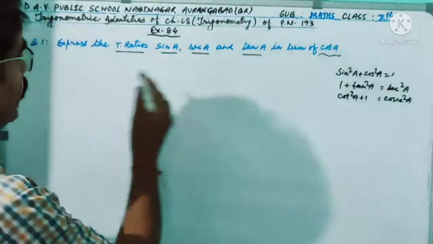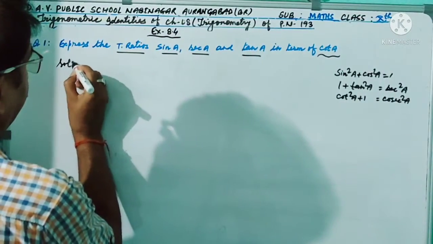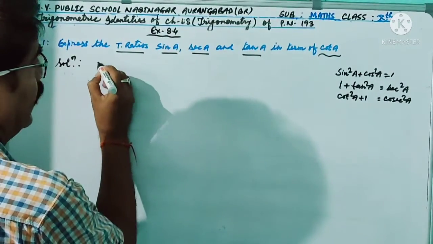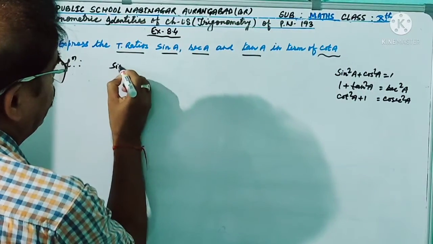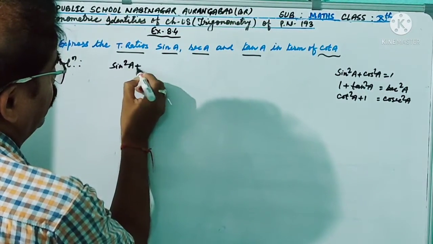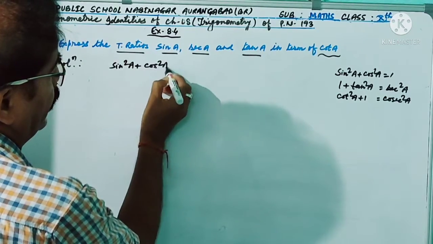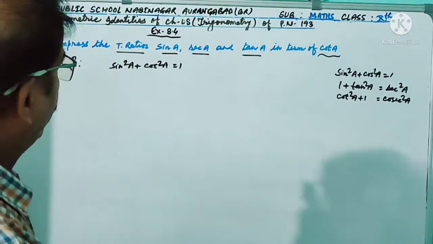We know that your first identity is sin square A plus cos square A equal to 1.